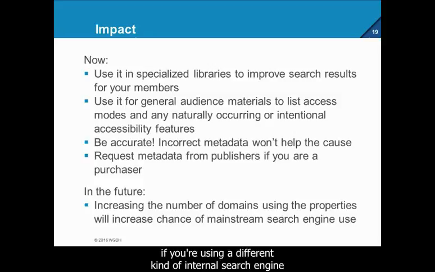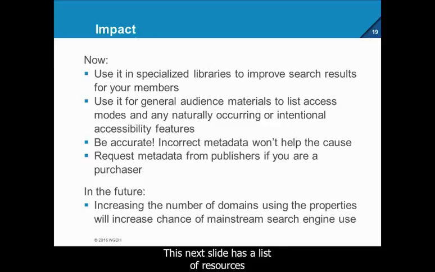If you're using a different kind of internal search engine or your own database, you can use it there. So having that metadata will be useful to you even if you're not yet able to search it from Google. So it's a great time to get started. And those of us at Diagram and WGBH are available to help. And we hope that we can make it possible for you to start using the schema.org accessibility metadata.